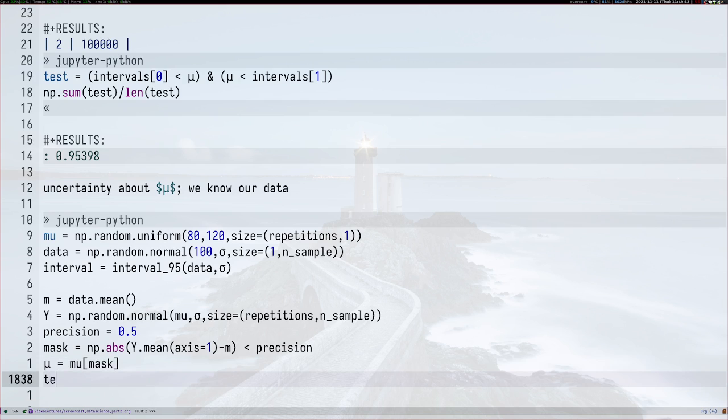And then I can formulate my test. So it should be the case that the mu that we're looking at lies to the right of the left boundary of the interval, and it lies to the left of the right boundary of my interval.